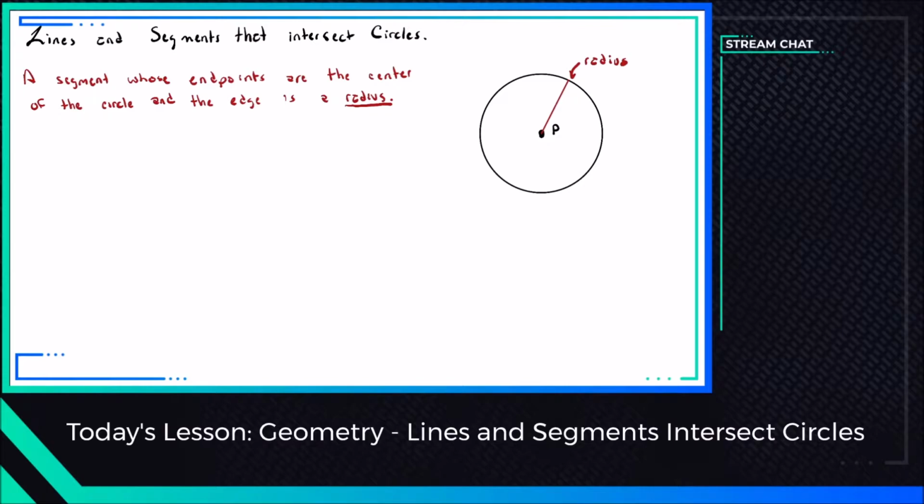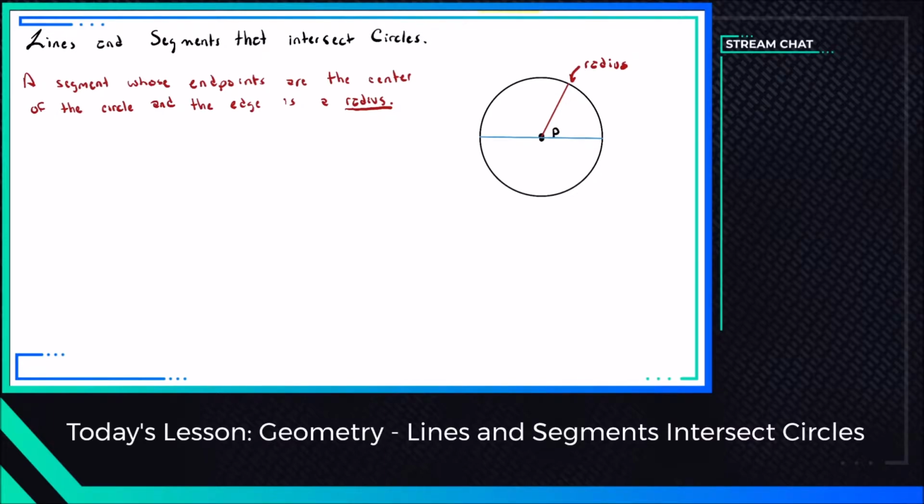And likewise, if we go the full distance across the circle, so we go from edge to edge, cut that circle in half, that blue line is going to be called a diameter. So a diameter is a segment that goes from edge to edge and through the center.